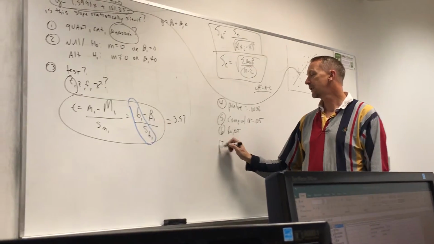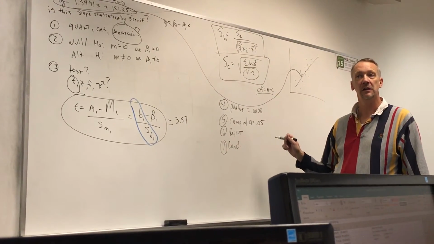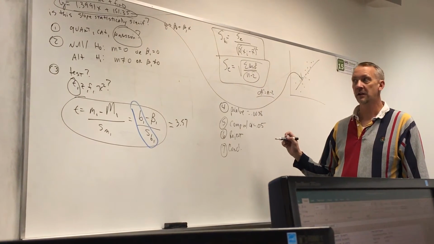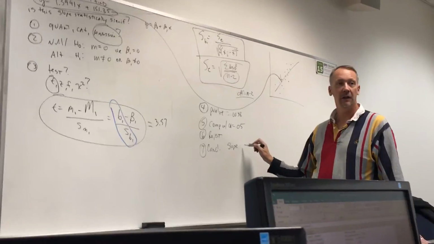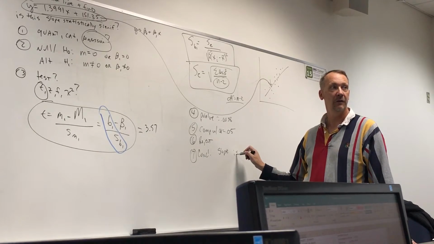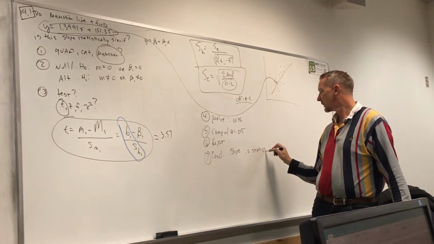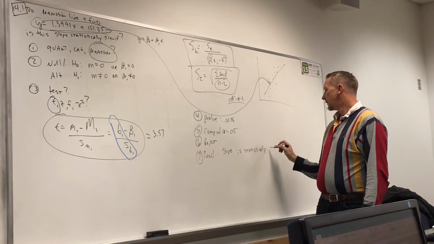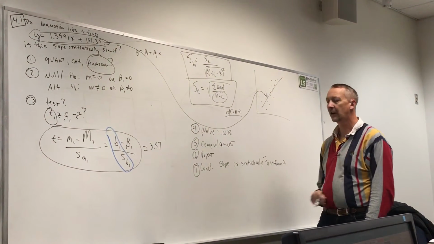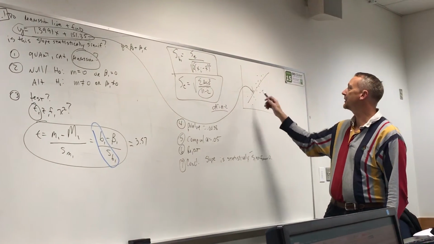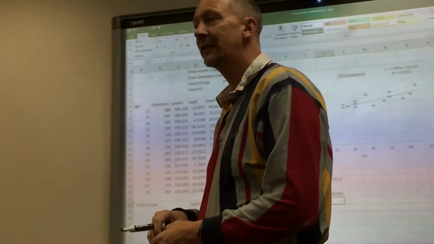Okay, and step 7 is your conclusion, which is: the slope is statistically significant, or significantly different from 0. I'll write it that way. Okay? So, yes, we can say that this is a legitimate regression line. Slope is significantly different from 0.